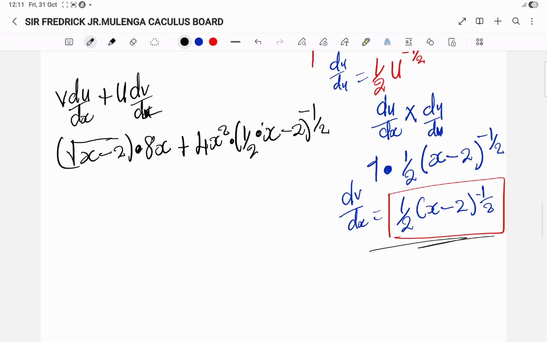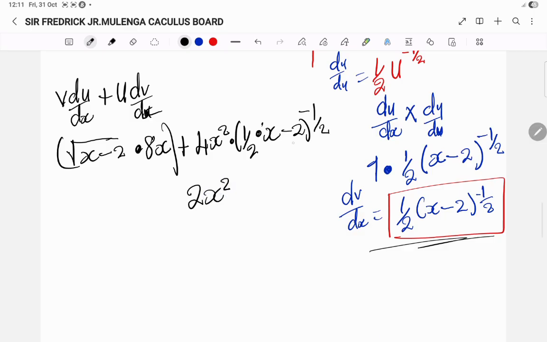So 4 times half is going to give you 2x squared.